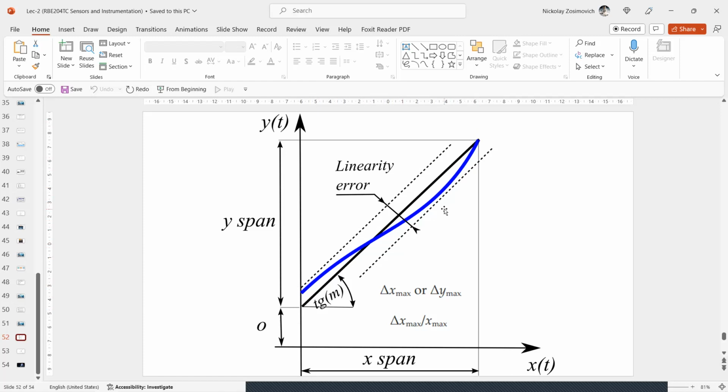If the least square error criterion for the best fit straight line is used, in this case the linearity error is the least square nonlinearity. What does it mean? It is based on the least square line, the line for which the sum of squares of the residuals is minimized.